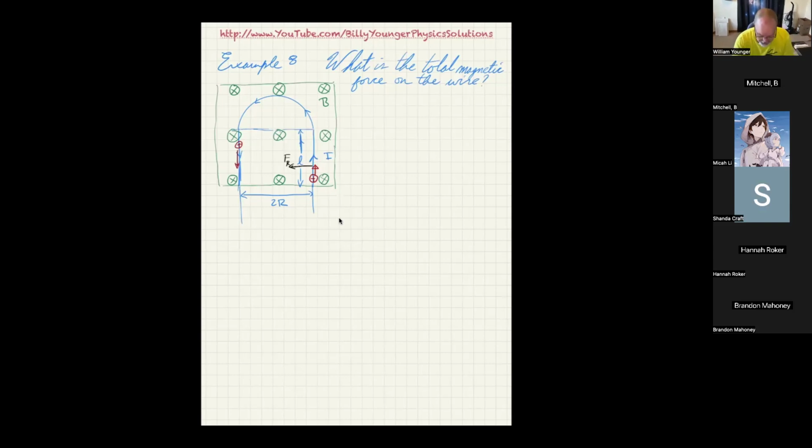So what direction is that force acting? It's to the right. So it cancels out. Exactly. So this one cancels out again. So I'm going to draw that force on there. That's going to be called F left.